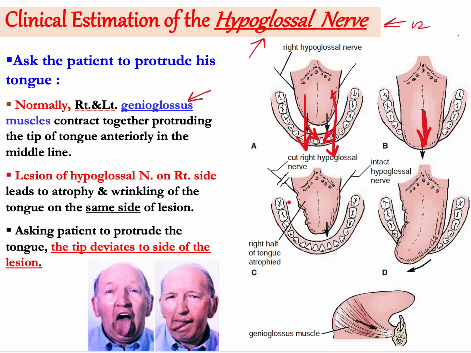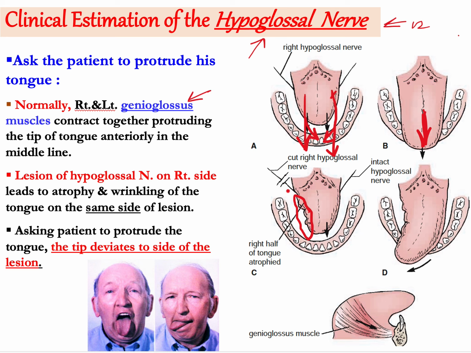But if you have a lesion or injury to the hypoglossal nerve on the right side, first of all you will sometimes notice atrophy and wrinkles on the side of the tongue, on the same side as the injured nerve.